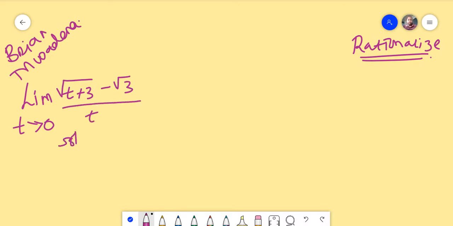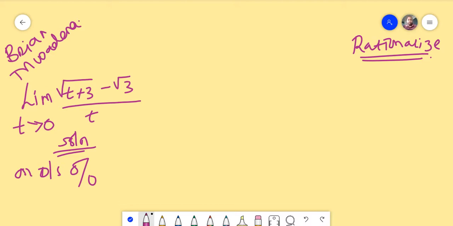So on direct substitution, this gives us 0 over 0. It's indeterminate, it's undefined, so we have to employ another technique.